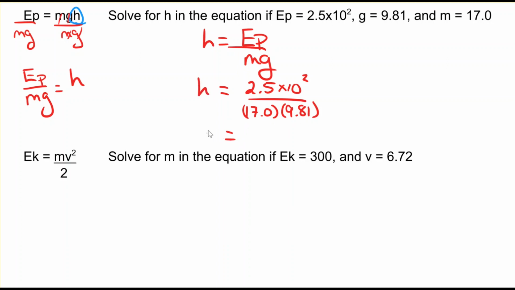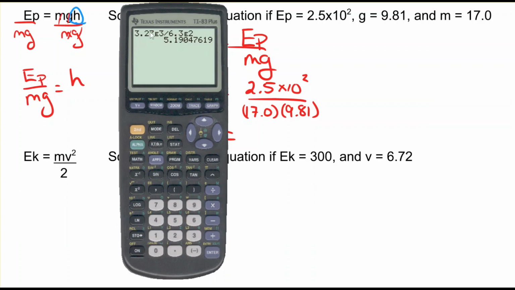And so if we do this calculation, bring up my calculator, 2.5 times 10 to the power of 2 divided by, there's 2 numbers on the bottom, so I have to use brackets. 17, I'm not going to put 0.0 because it doesn't matter, at least for the calculator, times 9.81, bracket, enter, 1.49907, blah, blah, blah.